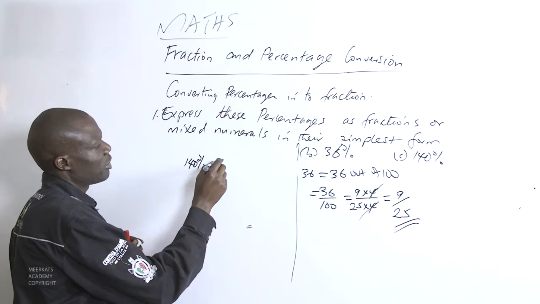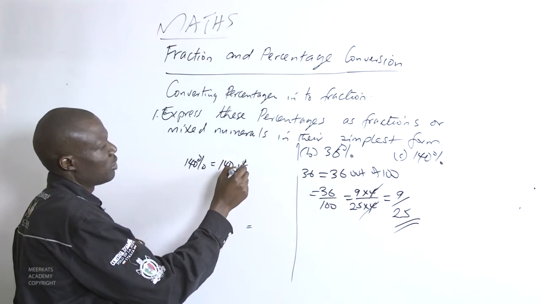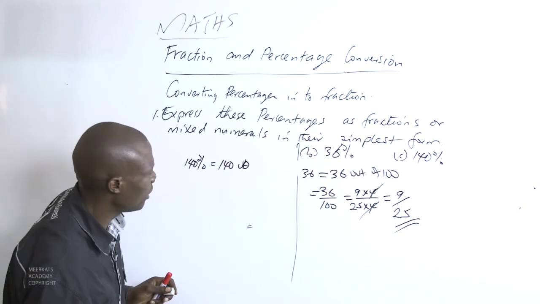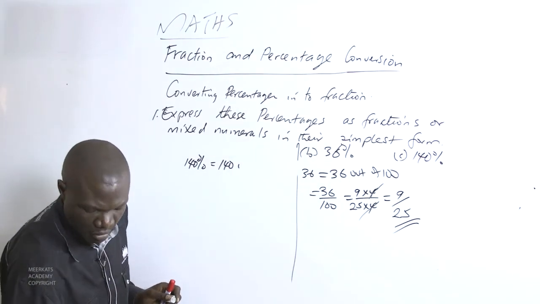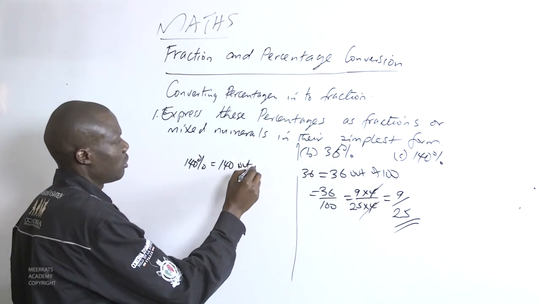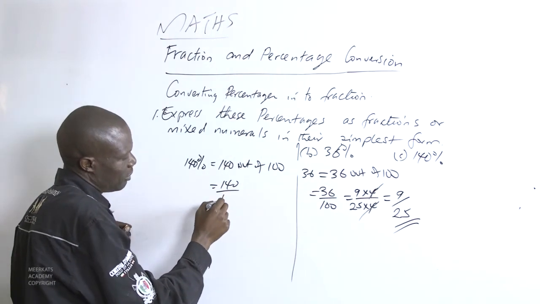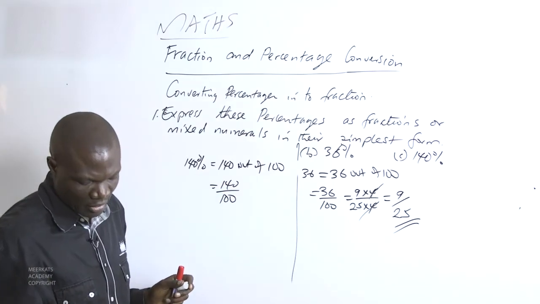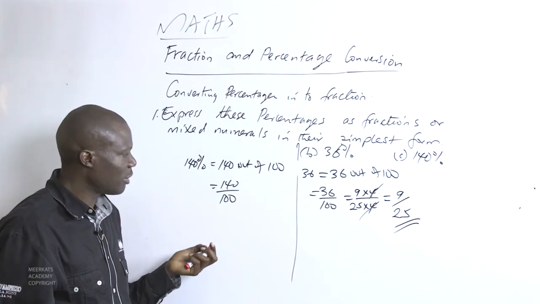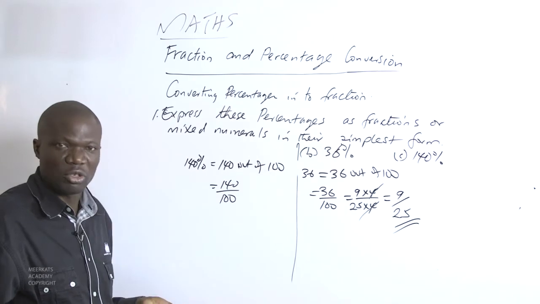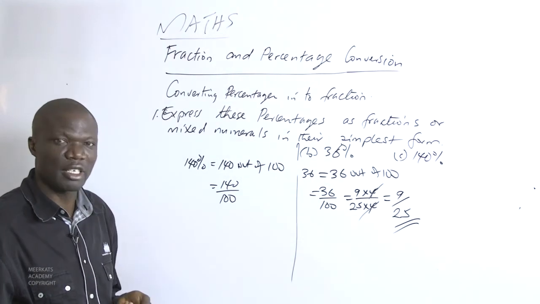140% is the same as 140 out of 100, which is 140 over 100. Now again, just like the other one, look at the highest common factor between 140 and 100.